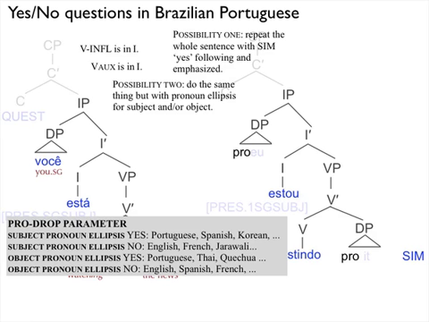You get some choices. And so you could say subject prodrop or subject pronoun ellipsis is fine in Portuguese, Spanish, Korean, most languages of the world. But no, the parameter is set to no for English, French, a few other languages.